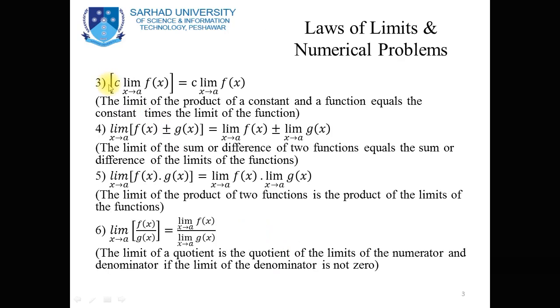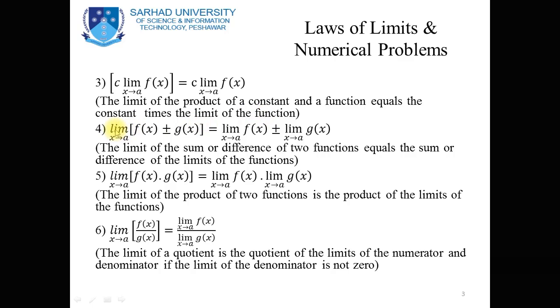Now, law number 3: limit x tends to a of c times f of x is equal to c times limit x tends to a of f of x. It means that the limit of the product of a constant and a function equals the constant times the limit of the function.